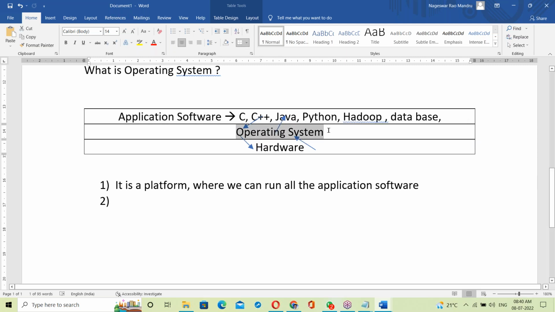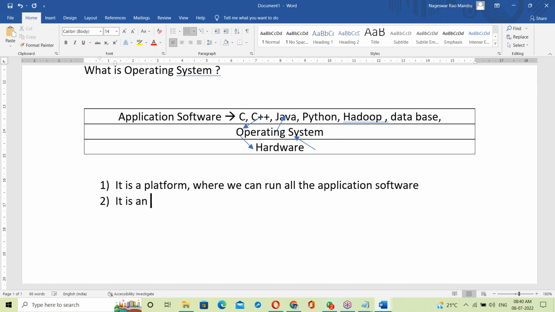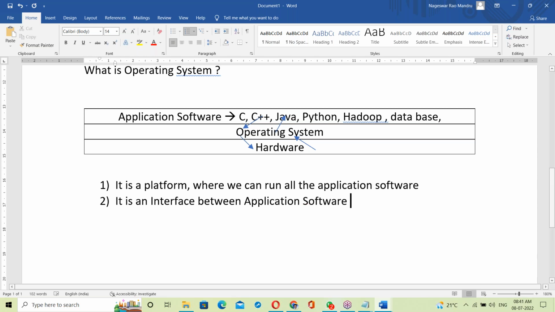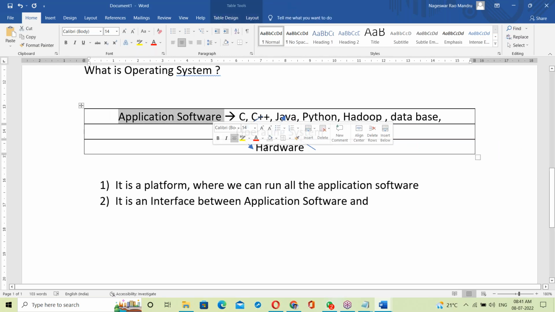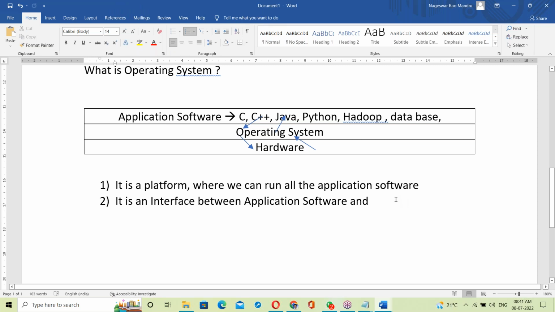It is acting like an interface between application software and hardware components.